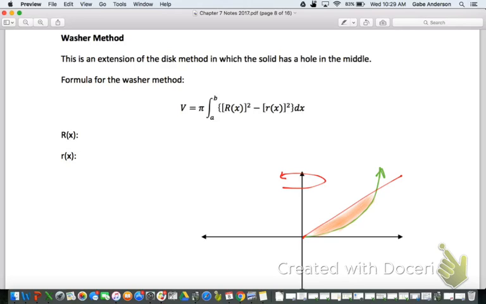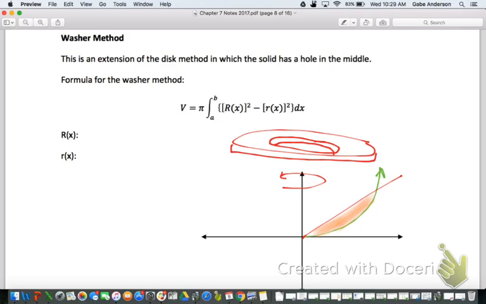So with the washer method, like this right here, this would be a disc, right? A washer, though, would have the hole punched out of the middle, kind of like that. Does that make sense? Allowing for a hole in the middle.